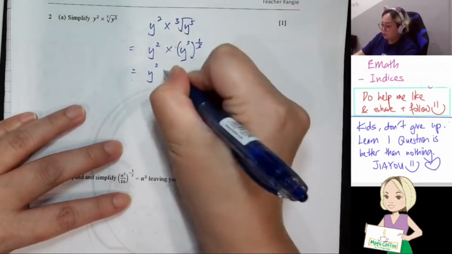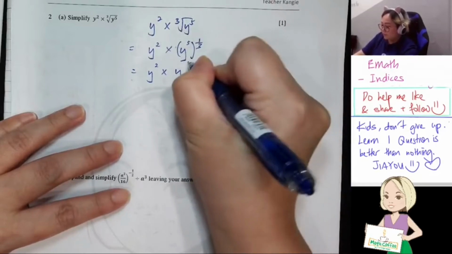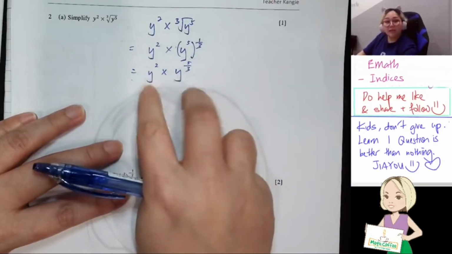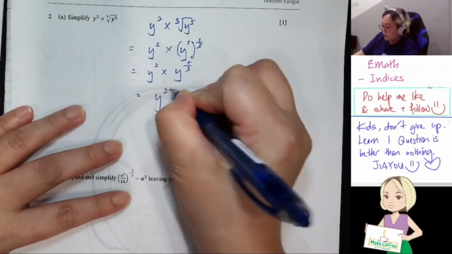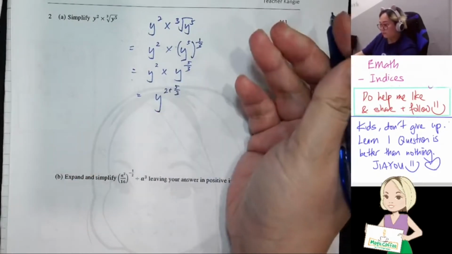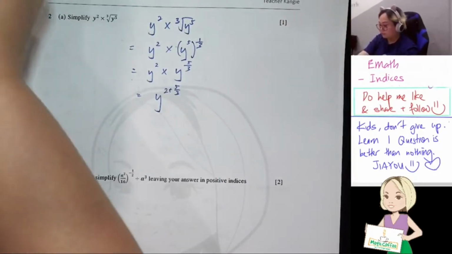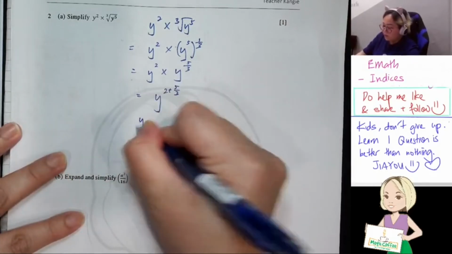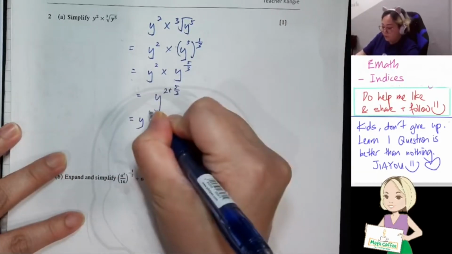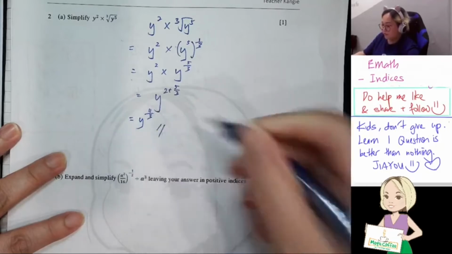So it's y squared times y to the 5 over 3. Same base, multiply, you add the power. So it's y to the power of 2 plus 5 over 3, and we will get y to the power of 11 over 3. Done.